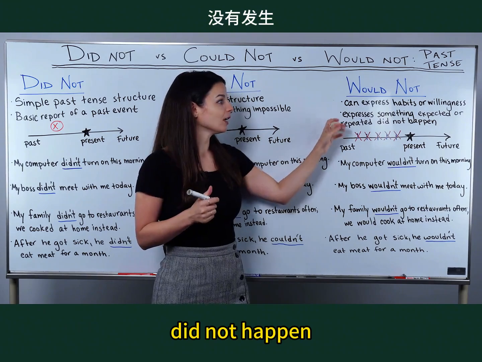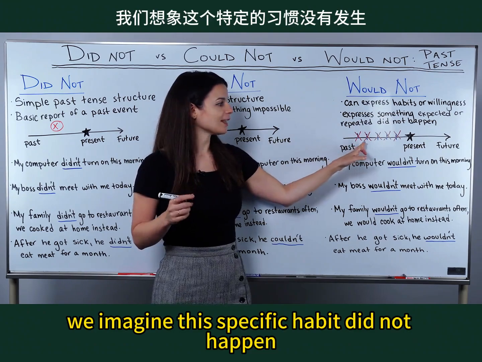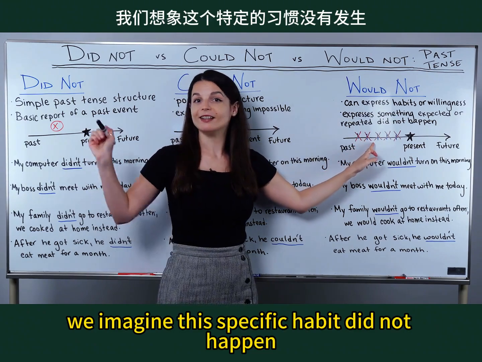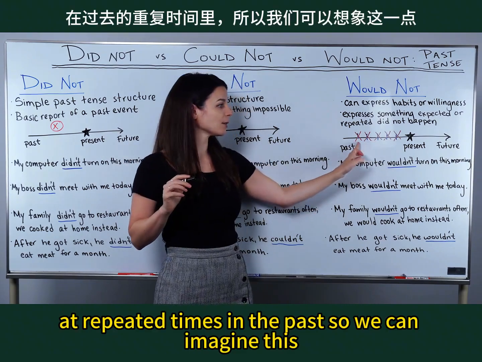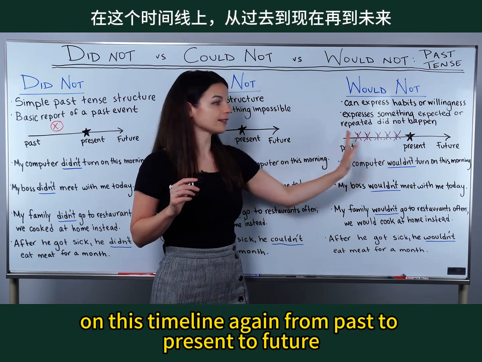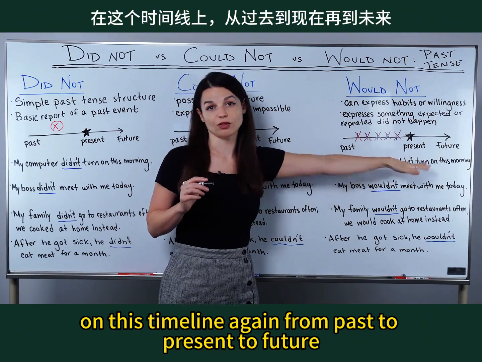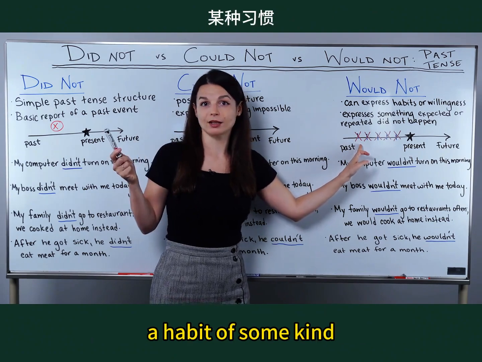So when we use it to talk about habits, we imagine this specific habit did not happen at repeated times in the past. So we can imagine this as a series of events on this timeline, again, from past to present to future. We can imagine an expectation, a habit of some kind.